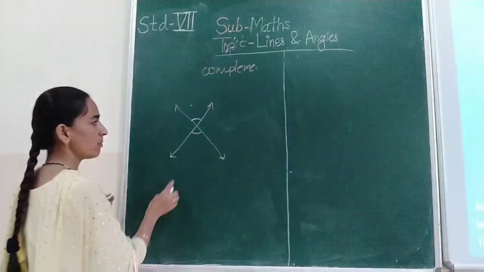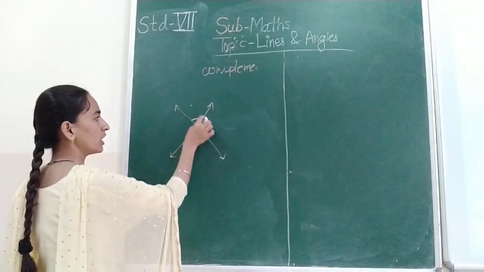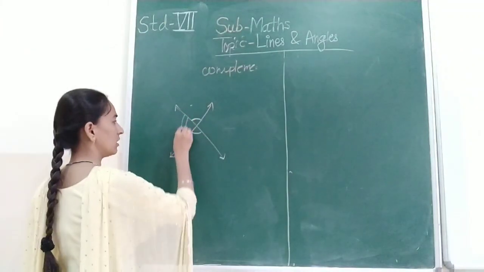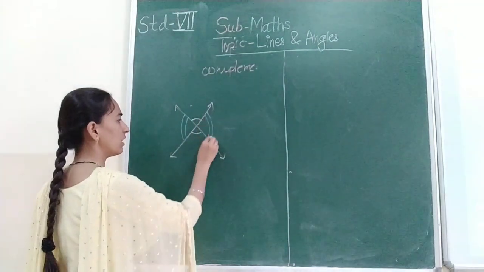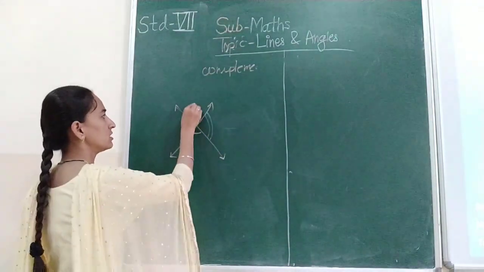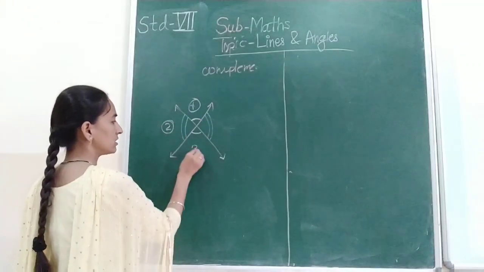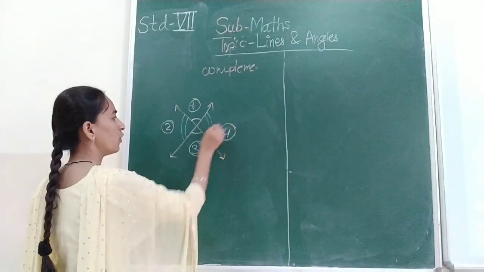How many angles are formed? 1, 2, 3, 4. Four angles are formed. Now you can see the similar color. This is the first angle, this is the second angle, this is the third angle, this is the fourth angle.